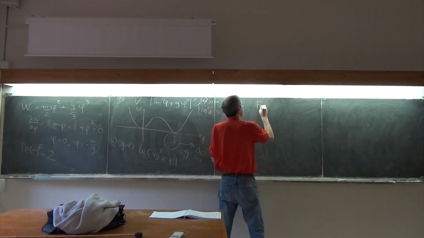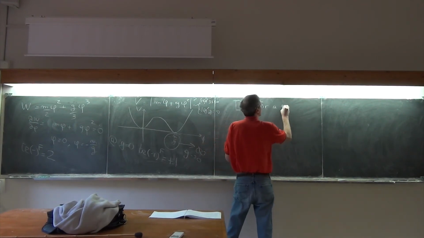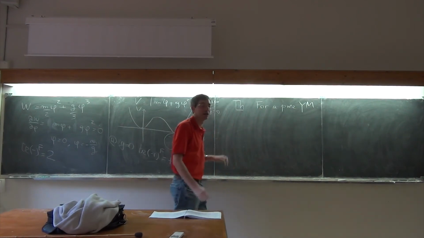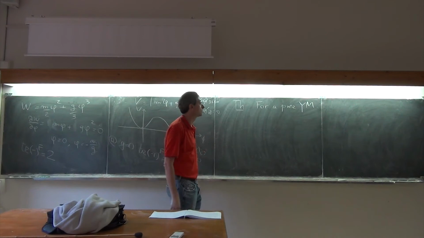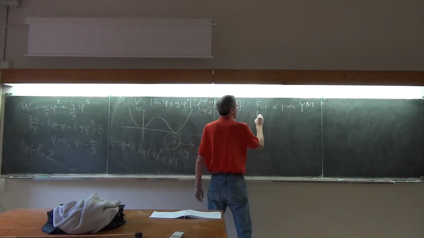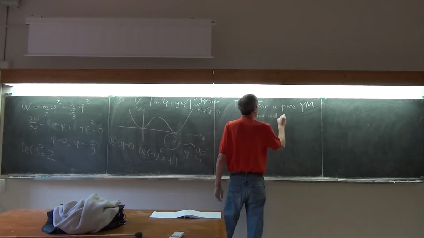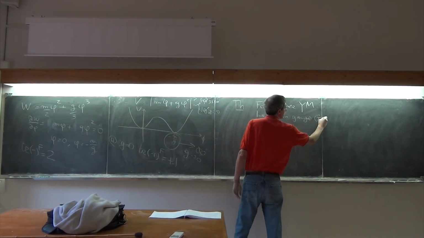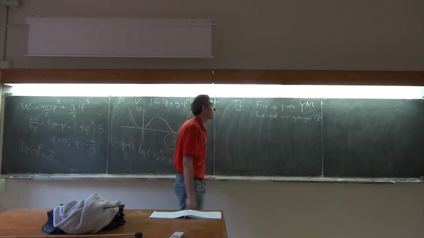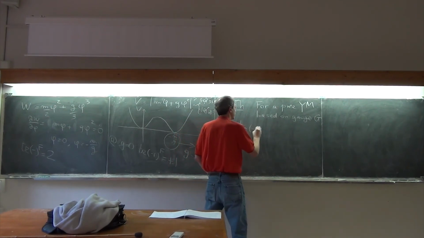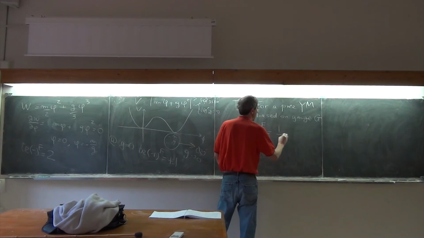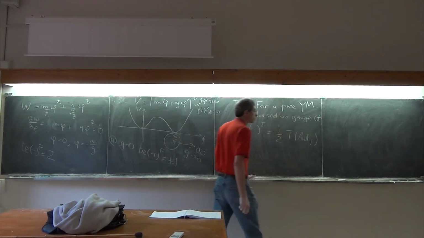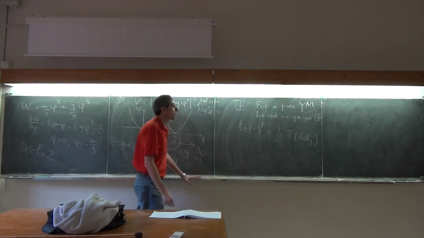For a pure gauge theory, pure Yang-Mills, so no chiral fields, just gauge bosons and gauginos, based on gauge group G, SU(N), E6, whatever it is, the Witten index is half of the index of the group, sometimes also called h, the dual Coxeter number.